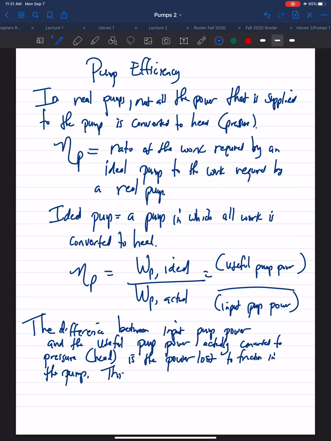This energy is converted to heat and is carried away by the fluid.